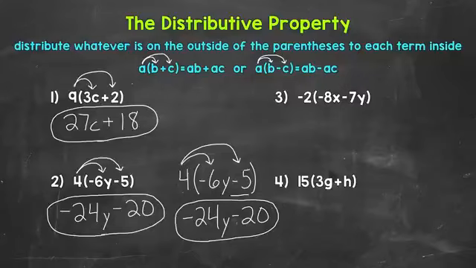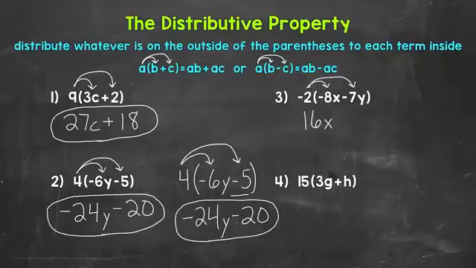Let's move on to number 3, where we have -2 and then in parentheses, -8x minus 7y. Let's distribute the -2 to the -8x and to 7y. So -2 times -8x gives us 16x. Remember, a negative times a negative is a positive.